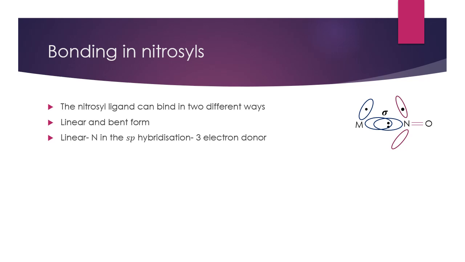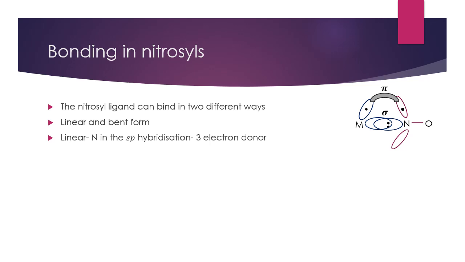Whereas the p orbital containing an unpaired electron combines with the d orbital of pi symmetry of the metal ion and thus forms a pi bond. This is the type of bonding observed in metallic nitrosyls in which nitrosyl binds in the linear form.